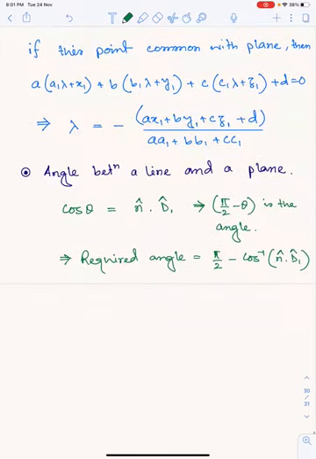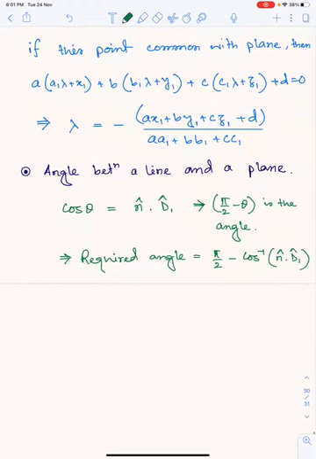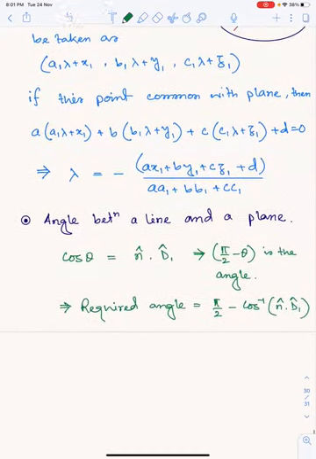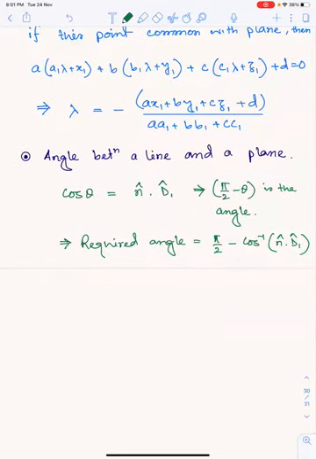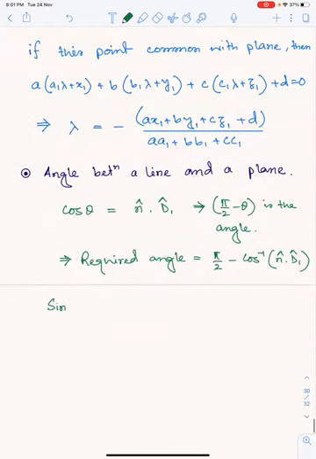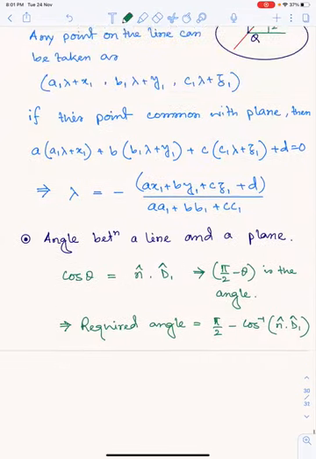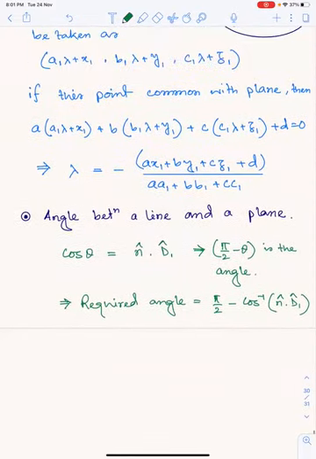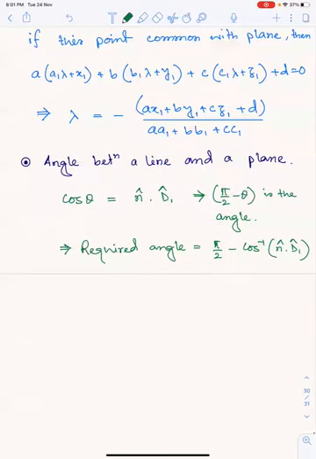So if I try to write in Cartesian form, cos theta is still to be determined in this form.